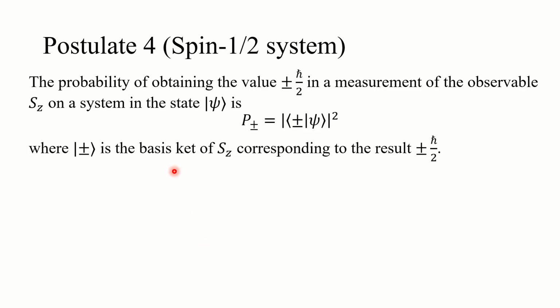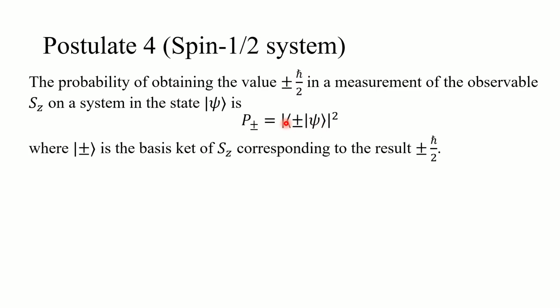They say the probability of obtaining a plus or minus h bar over 2 value in a measurement of the z component of the spin angular momentum of a system in a state described by this ket is just the inner product between the basis vector that represents that result and that generalized ket, squared.